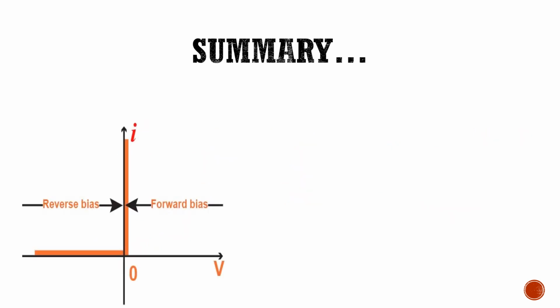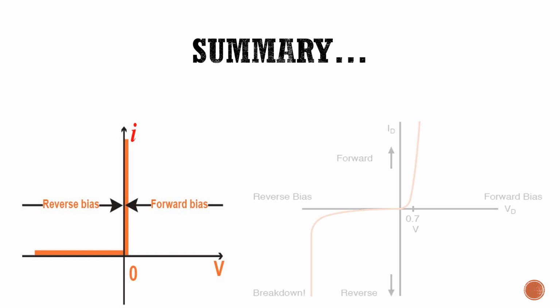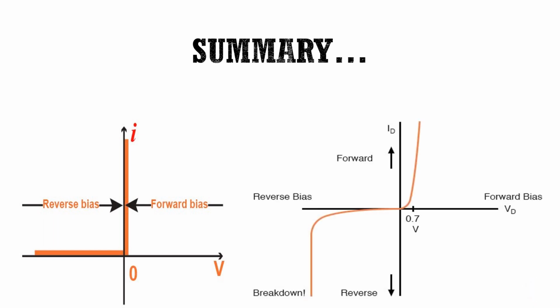Now, look at this figure. This figure is showing current voltage characteristic of an ideal diode, whereas this figure is showing current voltage characteristic of real diodes.